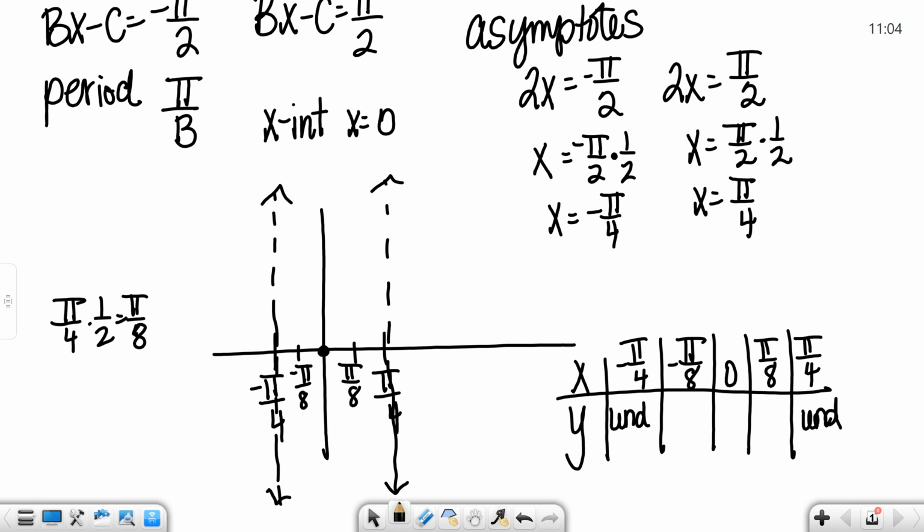We know this one's undefined, it's an asymptote. We have an x-intercept in the middle, so my y value is 0. And then my amplitude helps me decide what is the y value at negative pi over 8 and pi over 8. And since my amplitude was 3, then that would be those two. I think I wrote them backwards. This one should be the negative.